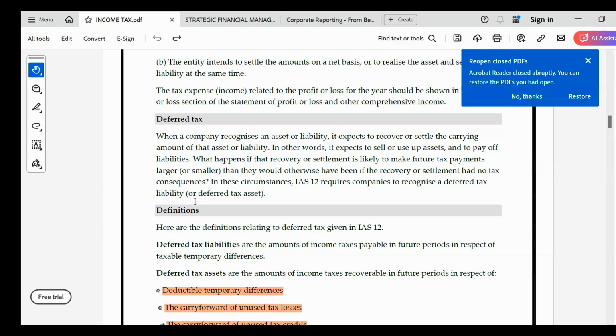Meaning that, like we said in the last class, you may find out that the basis upon which the tax authority is taxing you now, there will be an event in the future that will trigger them to still tax you on the same transaction. A transaction occurred in the current period, however the full tax effect will not take place in this current period, usually because of the way tax laws work.